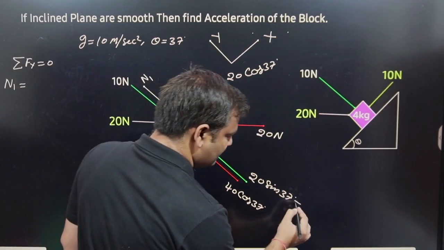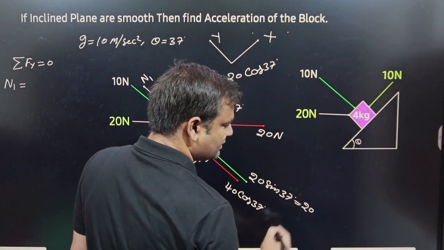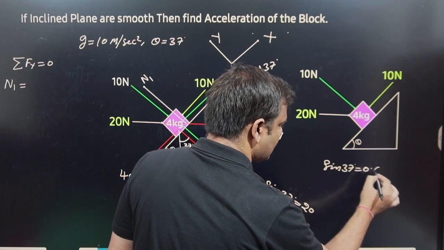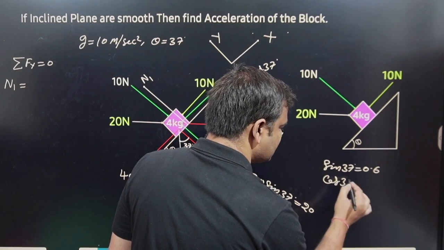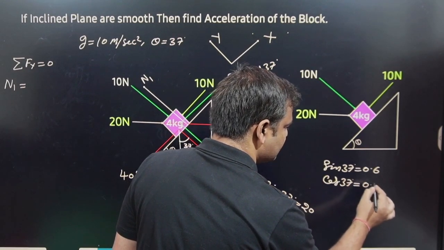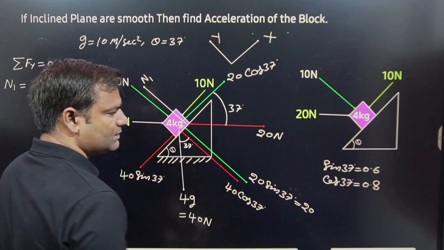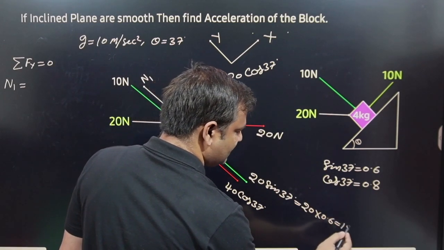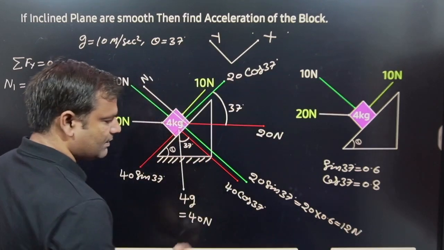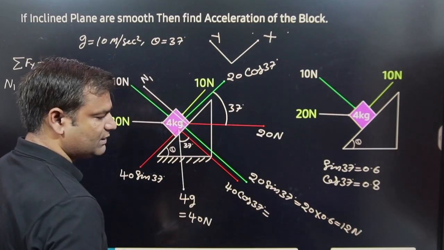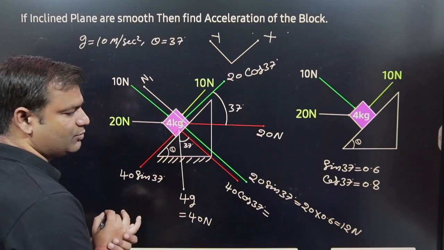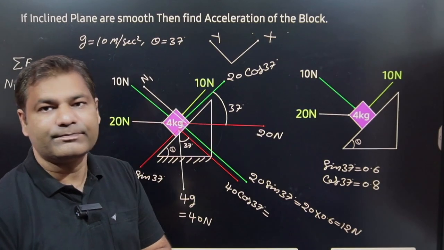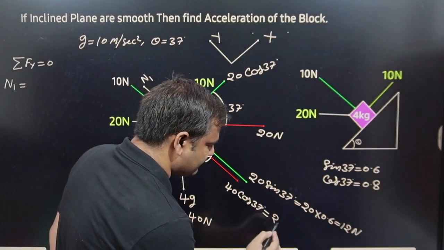What about the values? Sine 37 is 0.6 and cos 37 is 0.8. Now 20 sine 37, so that value is 12 Newton. 40 cos 37, that is 0.8 into 40, which is 32 Newton.